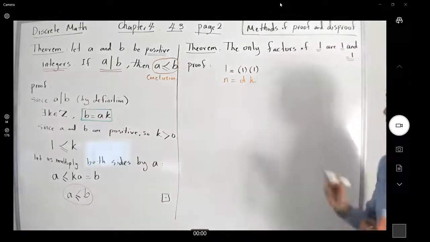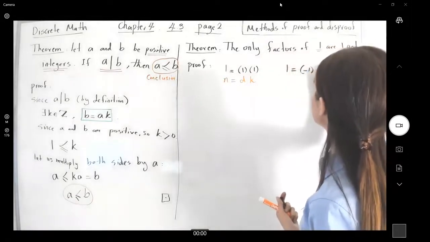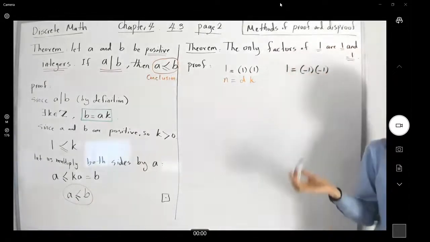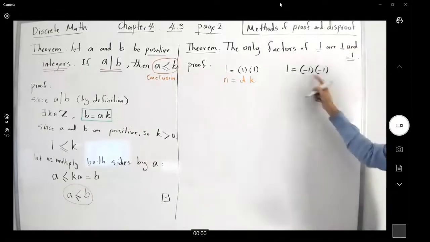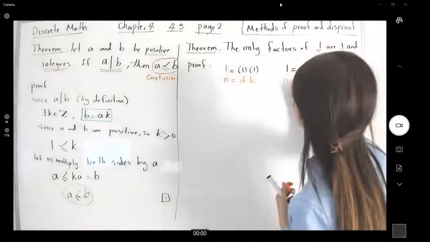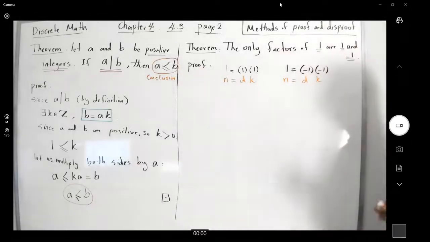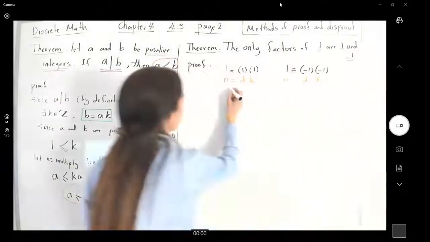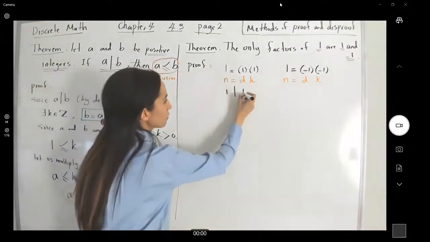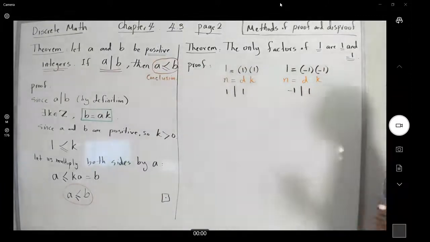Or you might say, hey, 1 can be written as the product of -1 and -1. Of course, why not? -1 times -1 is equal to 1. So N can be written as D times K. In both cases, we just show that 1 divides 1 and -1 divides 1.